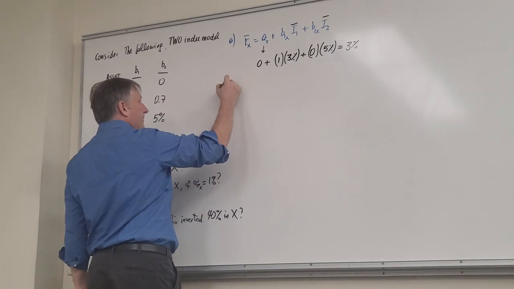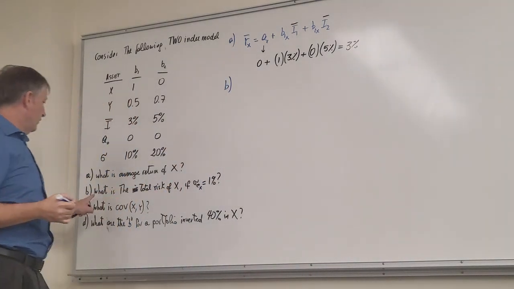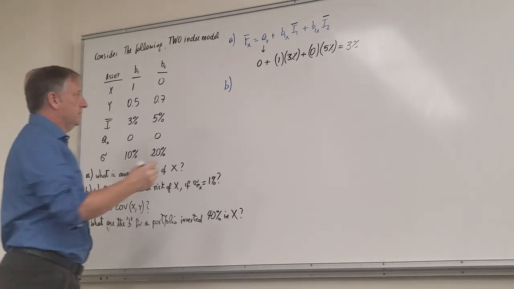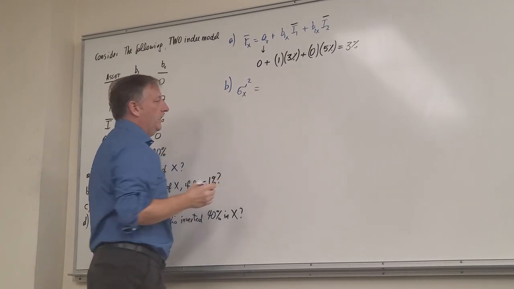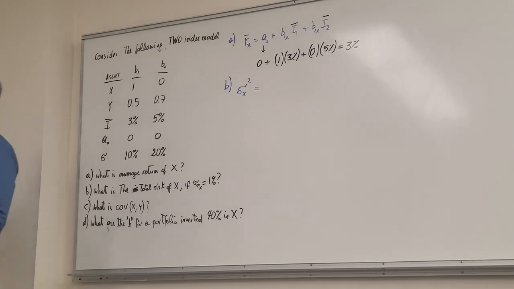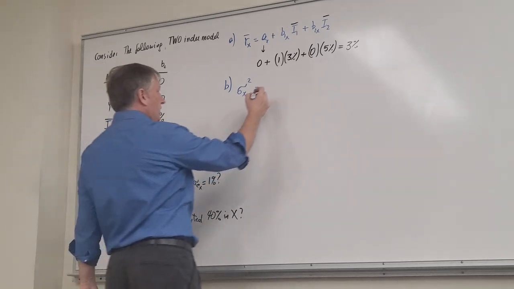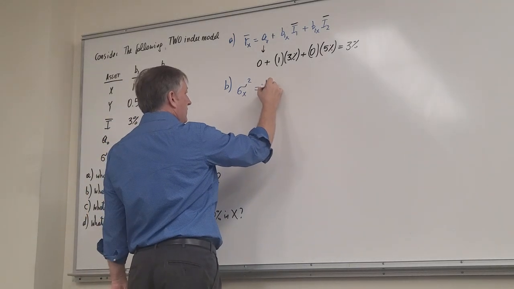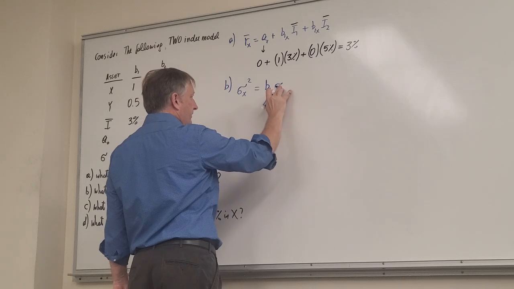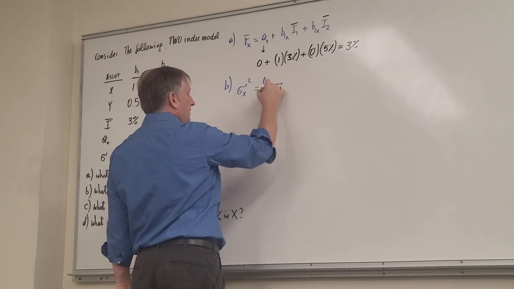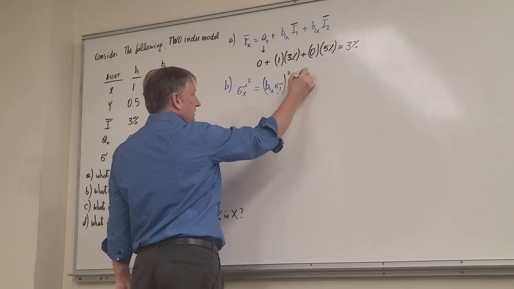What about part B? We are looking for the total risk of X, so sigma X squared. The total risk is decomposed into different parts of systematic risk, and then there is the firm specific. So you have beta 1 of X, sigma 1, both squared.